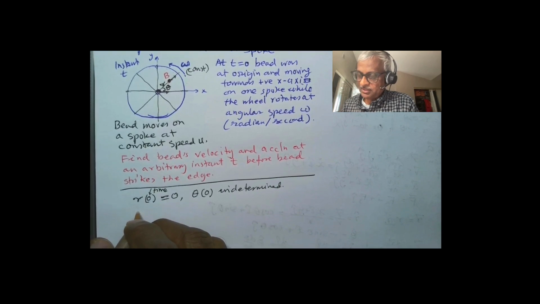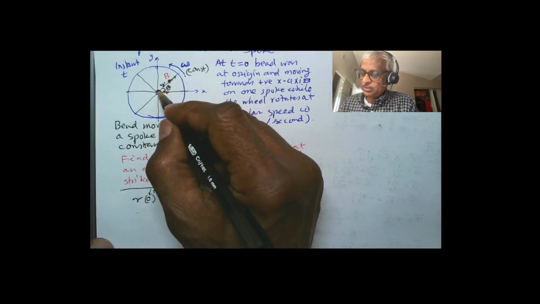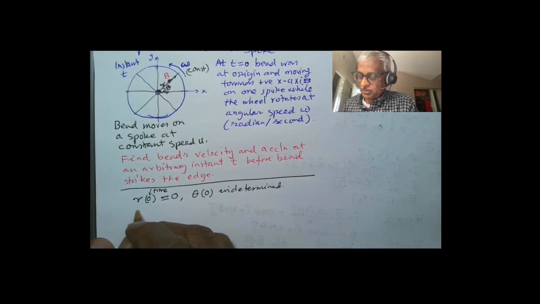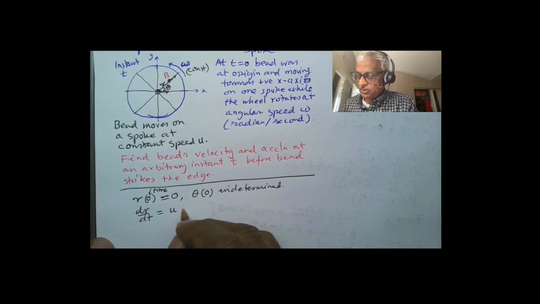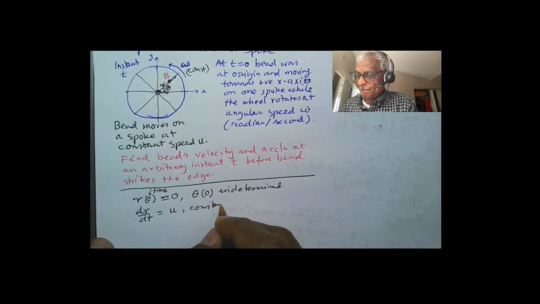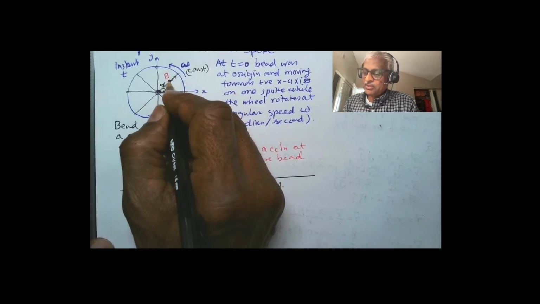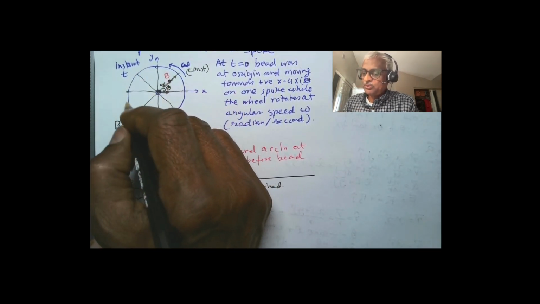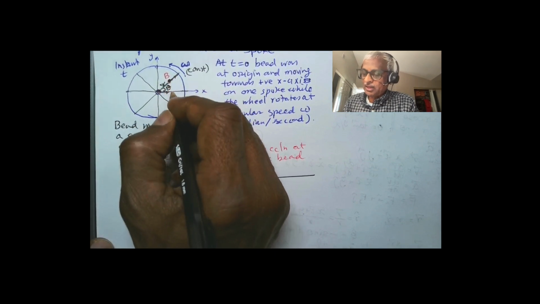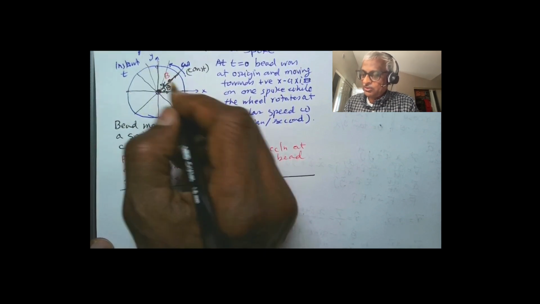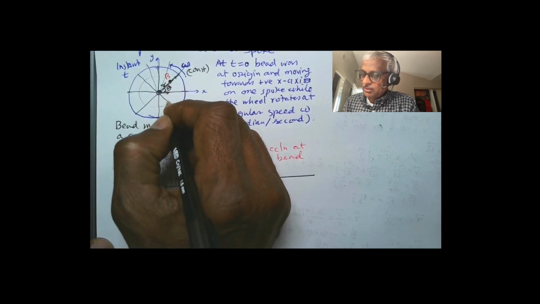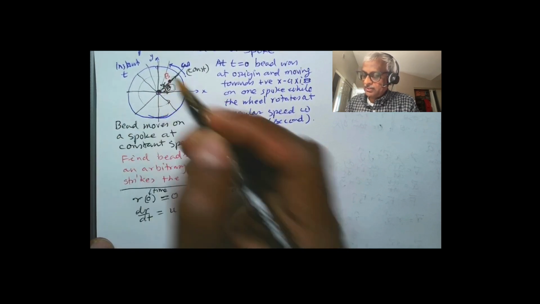What's also given is, as this r coordinate, the bead only moves along the r coordinate, so we are given dr/dt is u, constant. And of course the bead is going to move along the direction the spoke is going at the rate of theta, right?